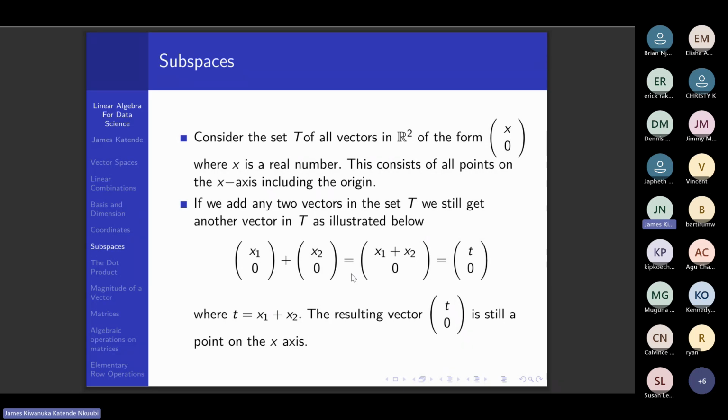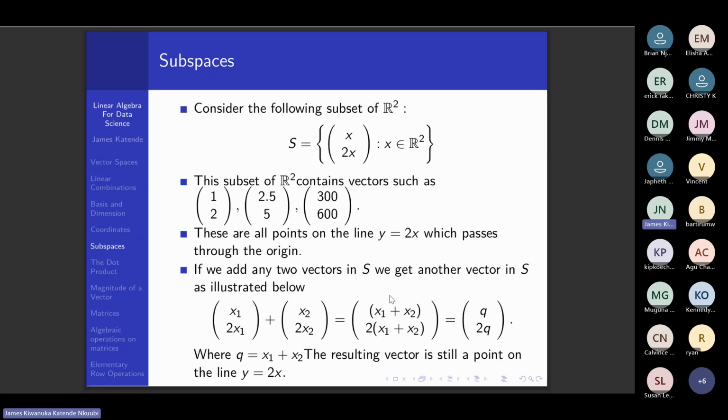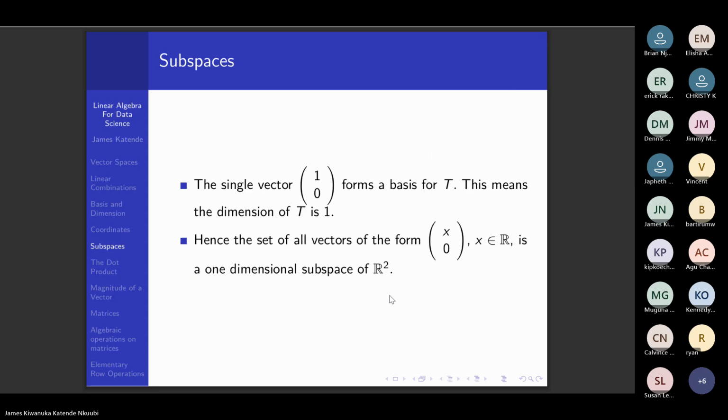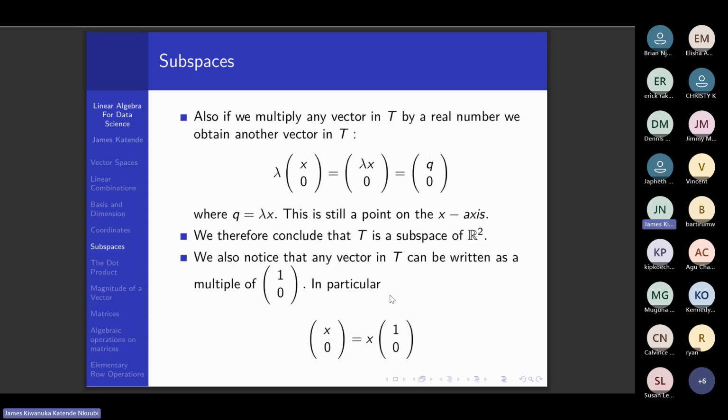What's left is to check whether if you multiply a vector on the x-axis by a scalar, you still get a vector on the x-axis. If you can show that to be true, then we can claim that vectors of this form are a subset which is a subspace. So let's check that it's a subspace of R2. I've skipped some slides.